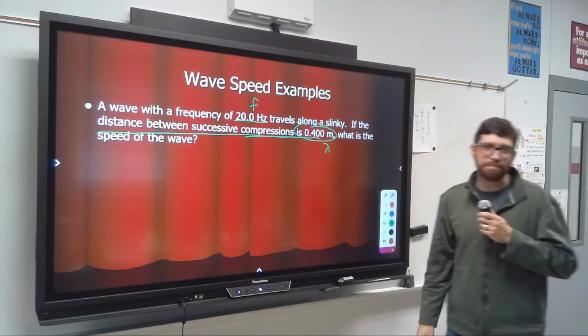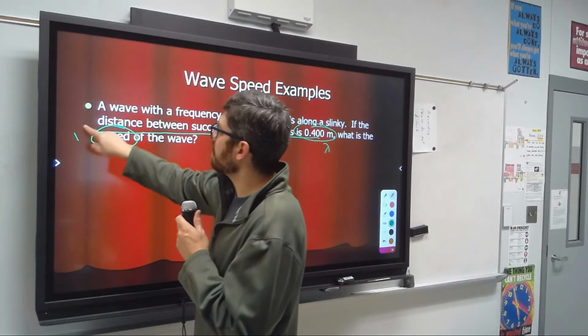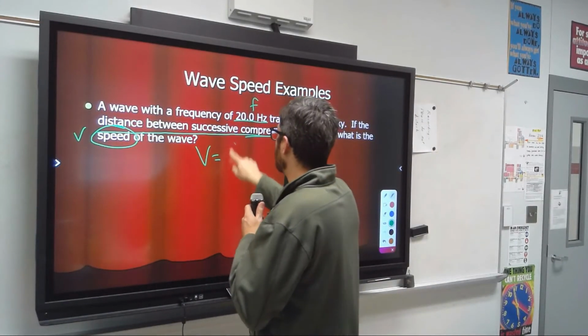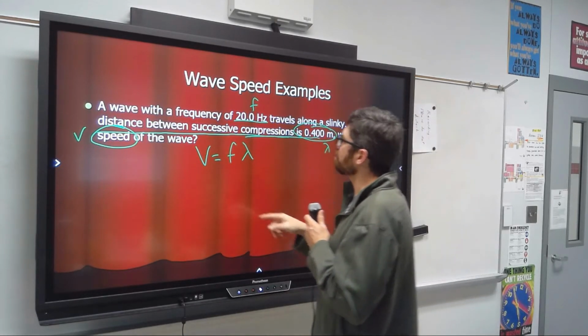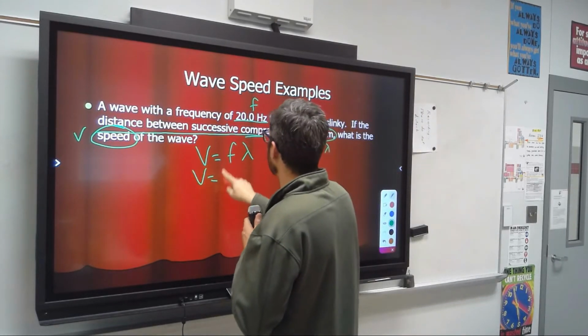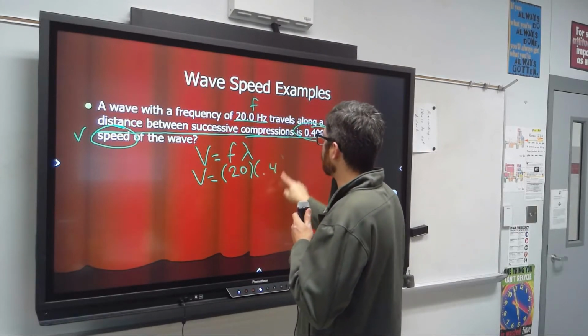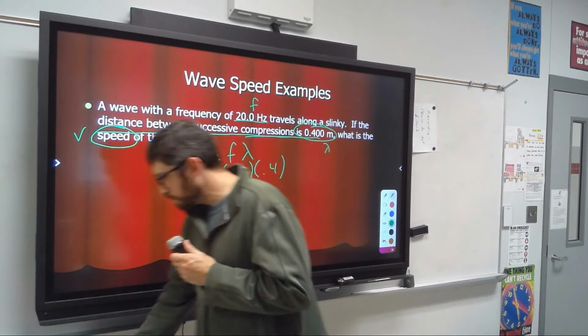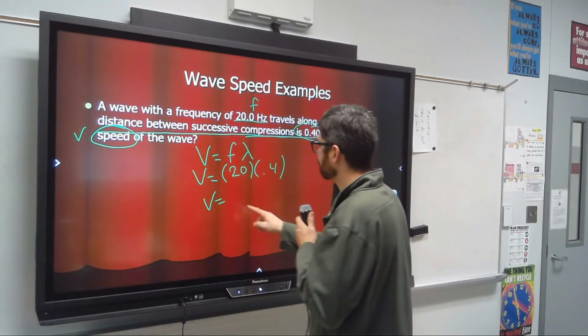So they're giving us lambda here. They're giving us the wavelength, and they want to know v. What is the speed of the wave? Once again, v equals f lambda is our guy, and let's plug in numbers and solve. This one gets super easy. All we have to do is multiply if they're asking for speed. 20 times a wavelength of 0.4 gives us 8.